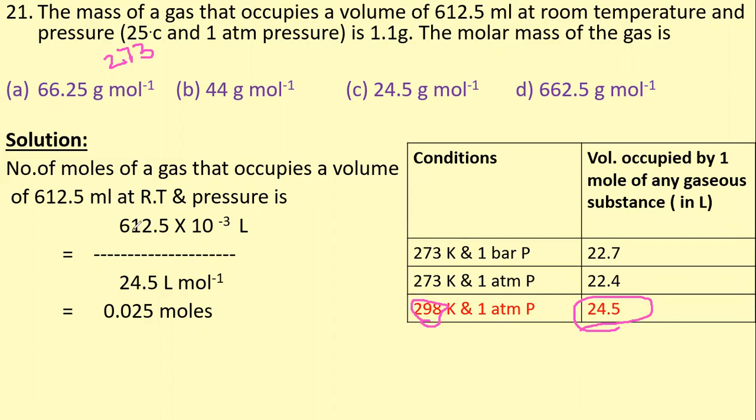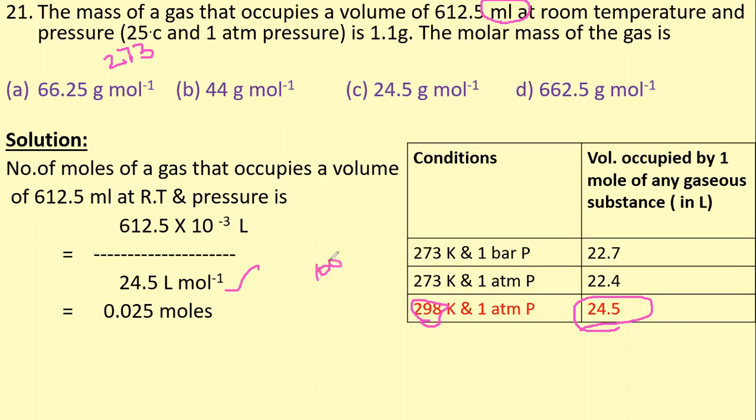See here, 612.5 is divided by this value. In the question they have given the volume in ml, milliliter. 1 liter is equal to 1000 ml.